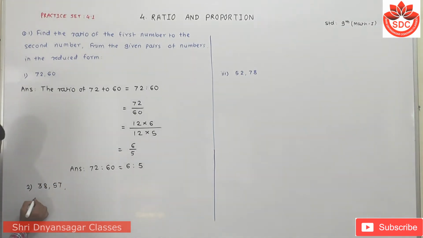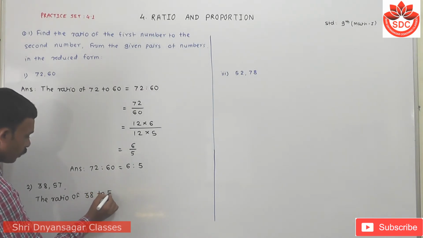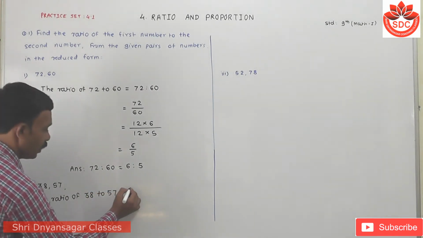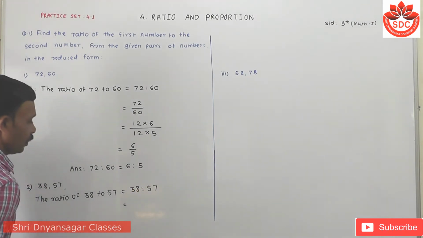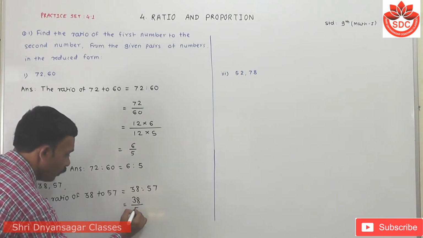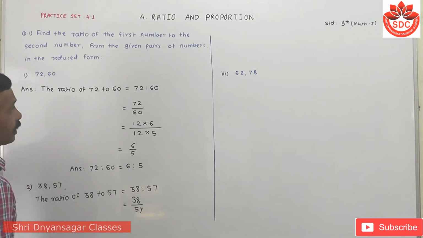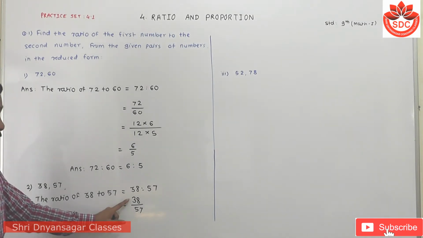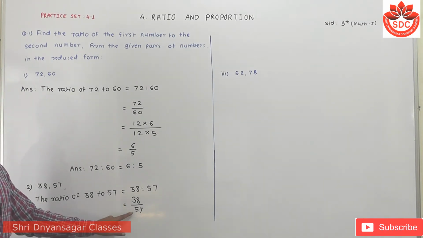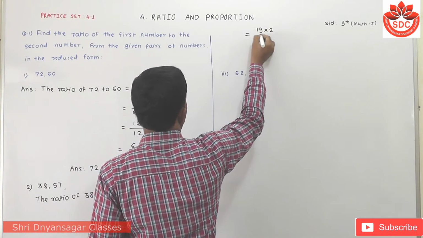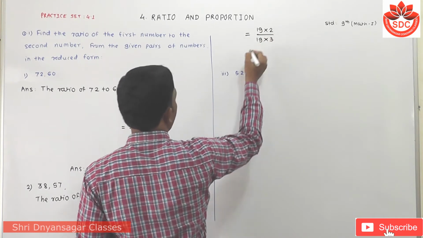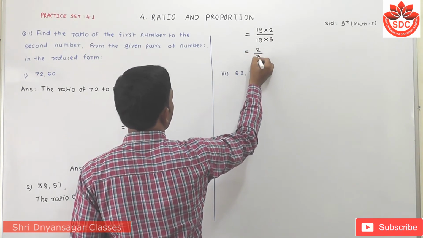The ratio of the first term 38 to the second term 57 is equal to 38 as to 57, which is equal to 38 upon 57. 38 and 57 are in the table of 19: 19 twos and 19 threes. 19 and 19 get cancelled, so it is 2 upon 3.